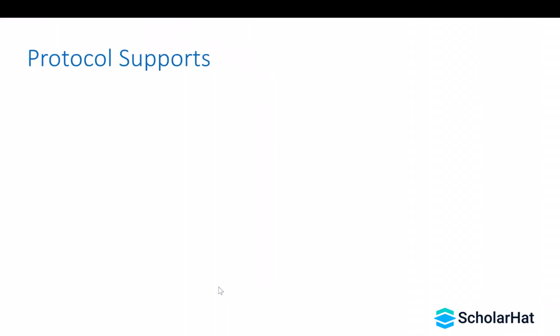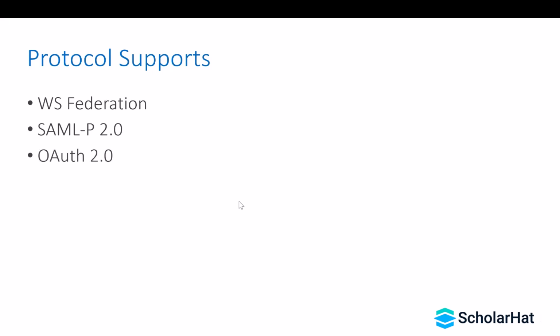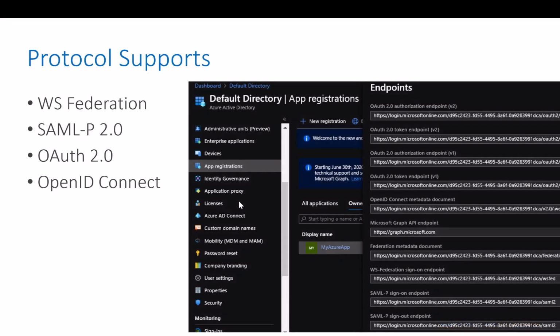Protocol support. Now let's see what protocols Microsoft Azure AD supports. We have WS-Federation support, SAML 2.0 support, OAuth 2.0 support, and OpenID Connect support, and all these protocols you can find in your directory when you go into app registration.